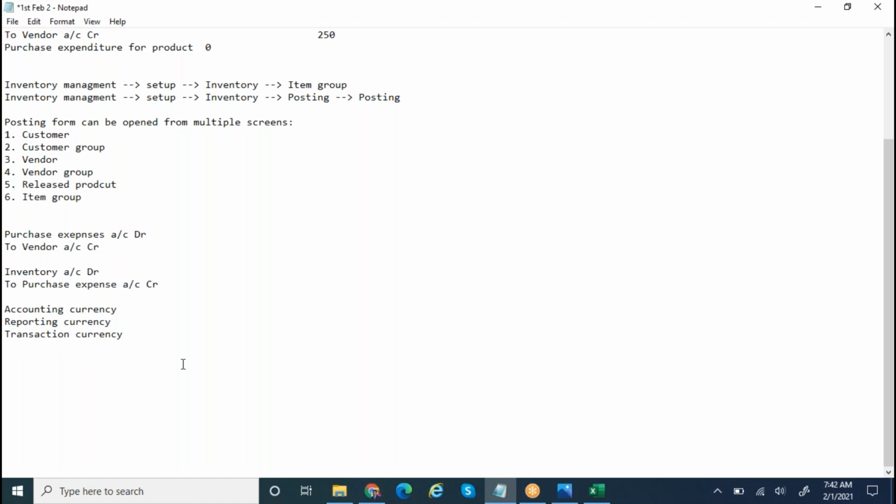Next, just a recap. Vendor invoice can be done in four different ways. One is invoice journal, which we understood. Second is purchase order to invoice. Third, today I am going to discuss pending vendor invoice.